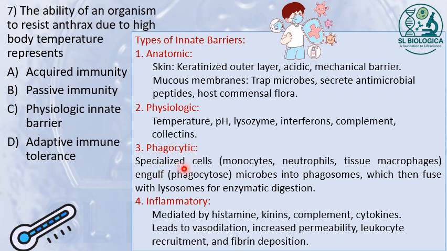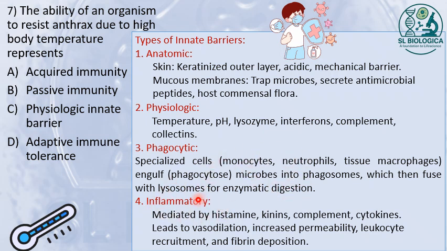So these phagocytic barrier are specialized cells like the monocytes, neutrophils and tissue macrophages, which engulf or phagocytose the microbes into phagosomes, which then fuse with a lysosome for enzymatic digestion. So this process we have already discussed.